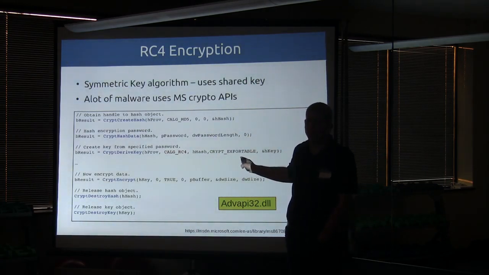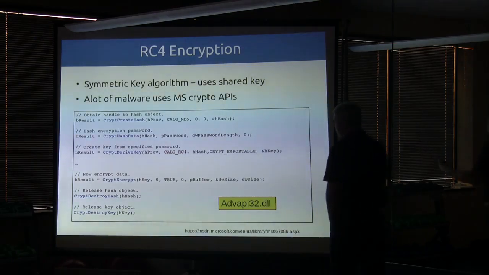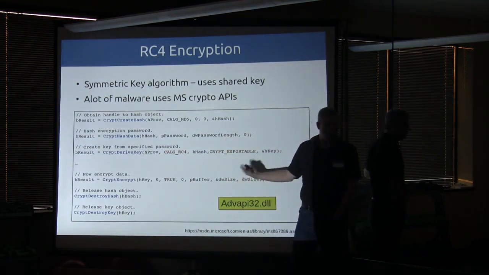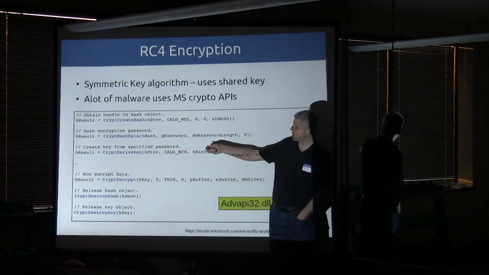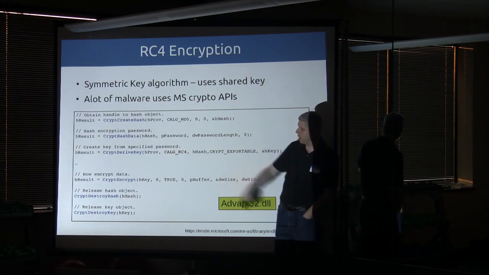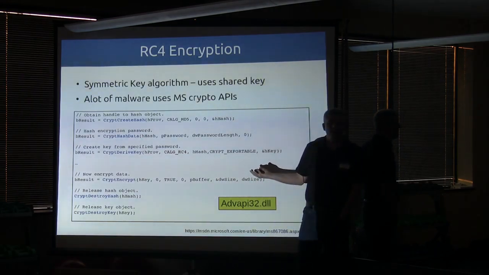So if we can look at the executable, in this case the crypter, and see where it calls these APIs, create hash, crypt hash data, derive key, encrypt, and so on, then we can do some reverse engineering and figure out what the password is.